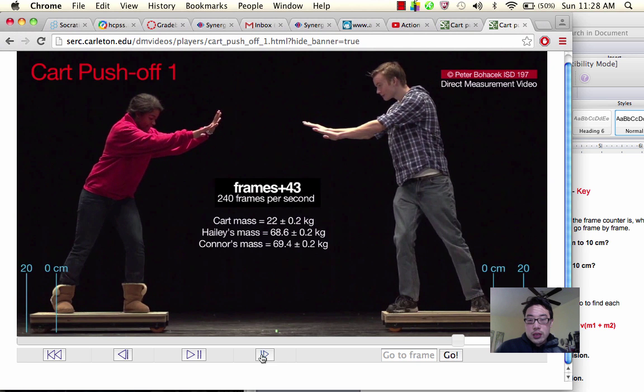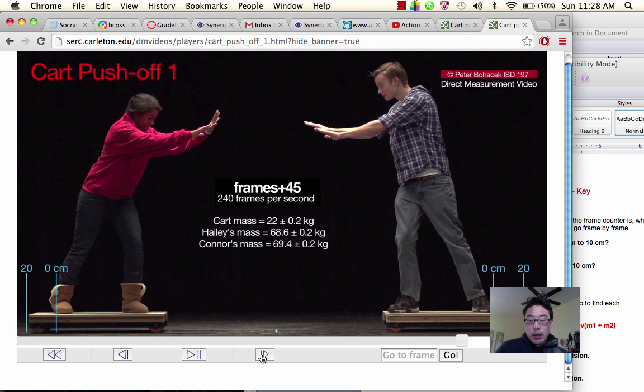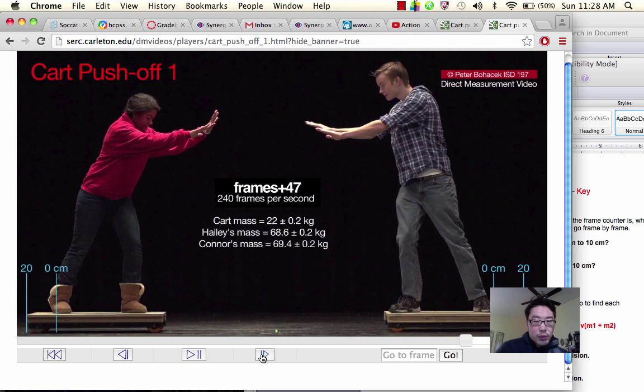and we can see that at frame 46, oh no, I'm going to say frame 47. So at frame 47, they have a displacement of 20 centimeters.